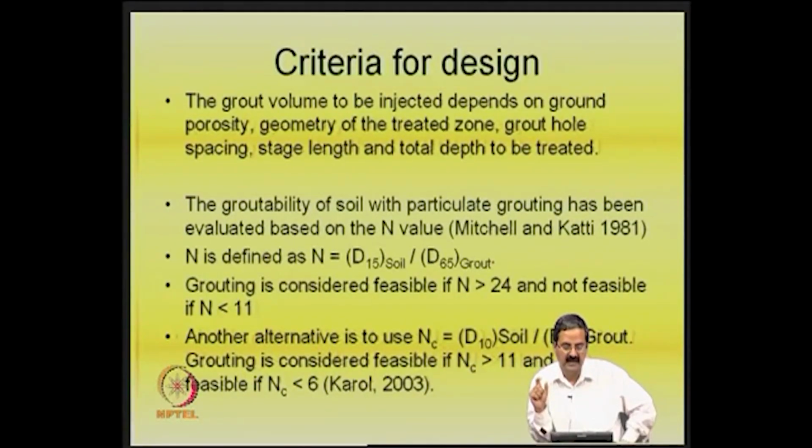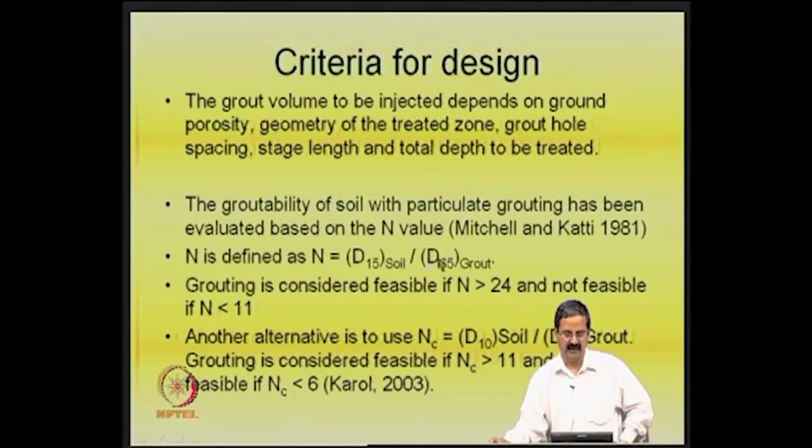We know the size of the particle, but the D65 size, the 65 percentile of the grout you are taking, is much smaller than the D15 size of the soil particle, then only the grout can penetrate, is it not? The grout can penetrate if the size is very small. So, you compare the D65 size of the grout and the D15 of the soil, and if the ratio is very high, it is good. So, grouting is considered feasible if N is more than 24 and not feasible if N is less than 11.